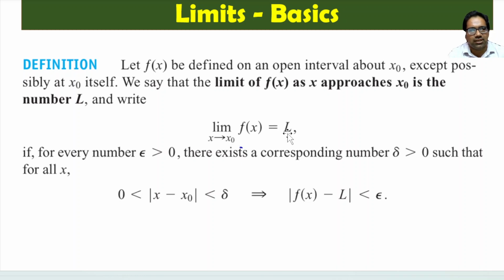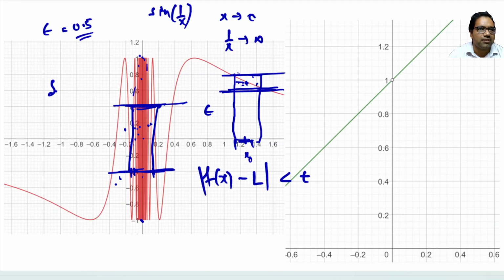But the precise definition is very important, because of whether a limit exists or not. For example, in this case, sine 1 by x, we need to know how exactly it behaves. We need to be able to prove it formally, because looking at the graph is not always so easy.